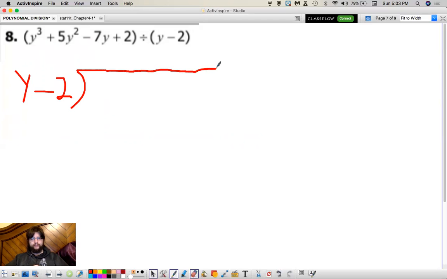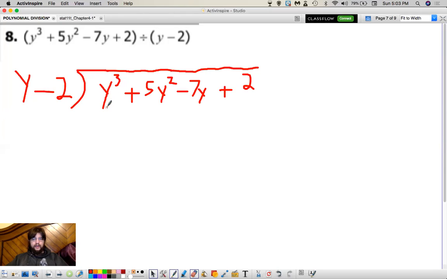I don't care. Write out your dividend. Since this is a binomial, you can use synthetic division if you so choose. If you choose to use long division, well, that's fine.